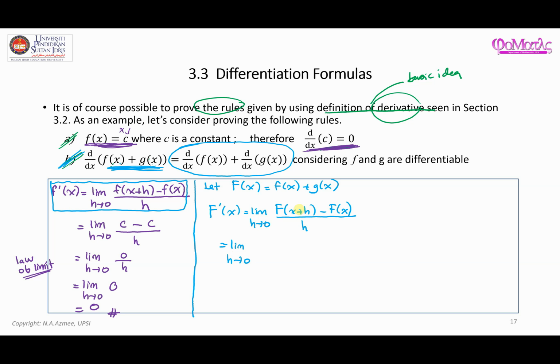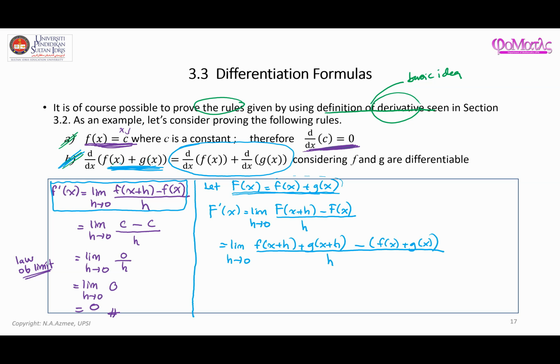And this is equal to the limit as h approaches 0 of, what is x plus h? We need to substitute that into the function. So this is the big function F, and I'm going to substitute x plus h into x. That will be f(x plus h) plus g(x plus h), minus, what is big F(x)? Big F(x) is this one here, so minus f(x) plus g(x), over h.